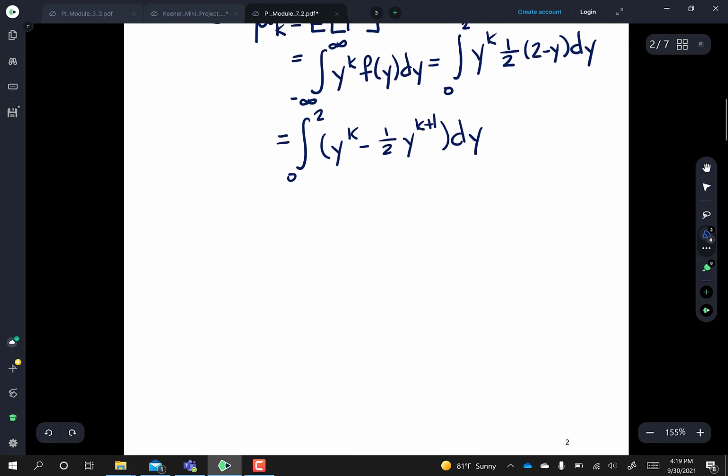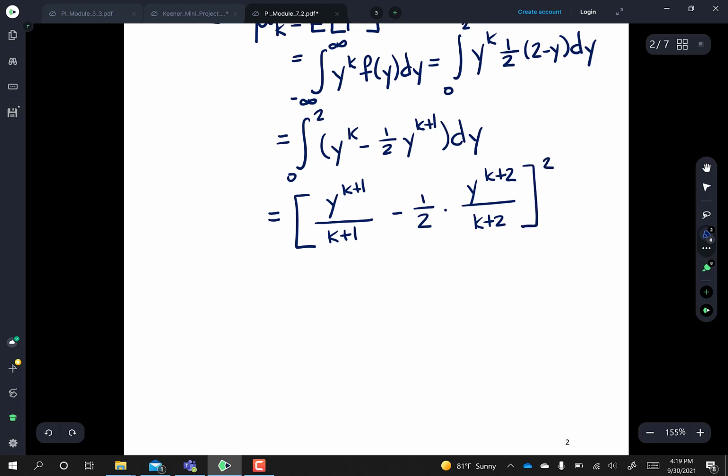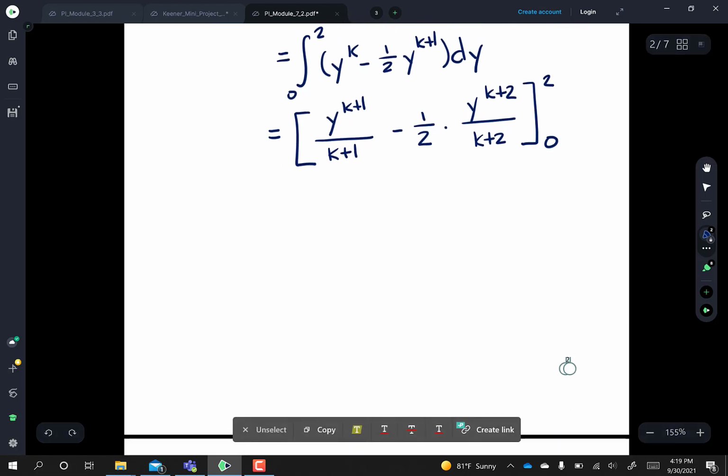Then after we integrate, we have y^(k+1) divided by k+1, minus 1/2 times y^(k+2) divided by k+2, and we are going to evaluate that from 0 to 2.